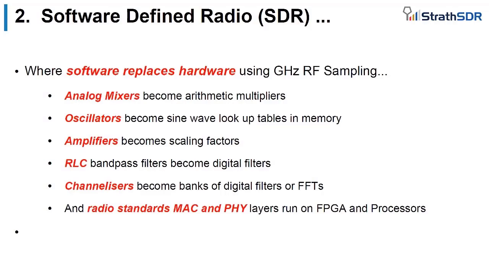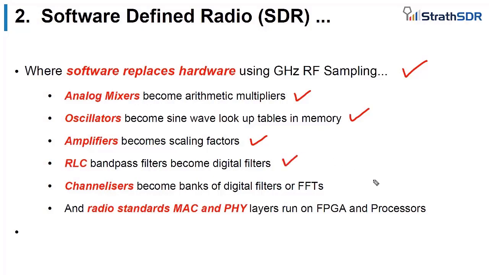So software-defined radio, well, it's when software replaces hardware. And let's have some examples of that then. An analog mixer, well, that will become a high-speed arithmetic multiplier, multiplying samples together. An oscillator, an analog sine wave oscillator, well, that becomes a lookup table in memory. An amplifier, a gain stage, might just be a scaling factor.